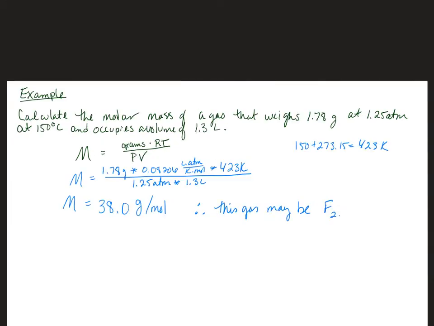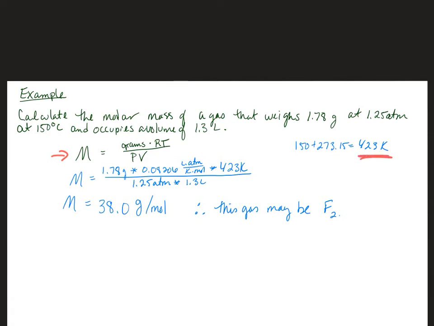So, for example, if we need to calculate the molar mass of a gas and it weighs 1.78 grams at 1.25 atm and at 150 degrees Celsius and occupies a volume of 1.3 liters. So you get a tank and you need to know what it is. Well, we can use that equation that we just used from the previous page, and basically plug and chug things in, keeping in mind that you still need to convert to Kelvin.